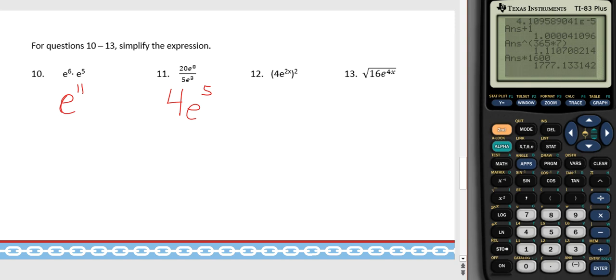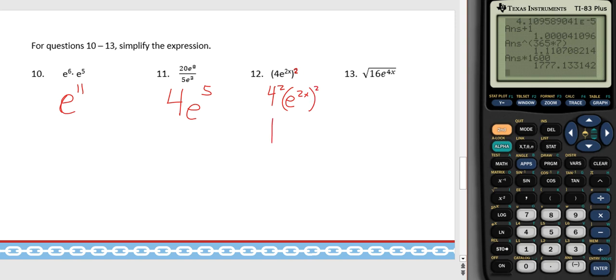For number 12, I am going to use the power property. So this 2 out here, that squaring gets applied to everything inside the parentheses. I'm going to show you a step that you probably won't write down. So I squared the 4, and I need to square the e to the 2x.